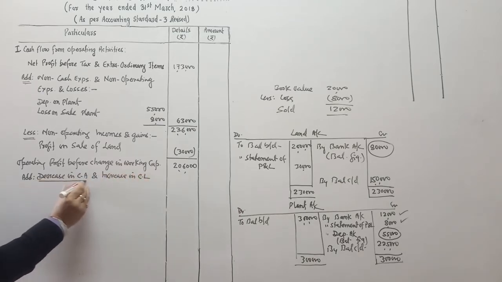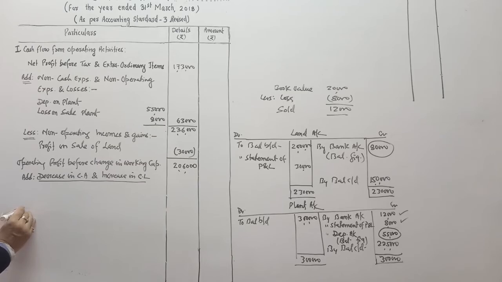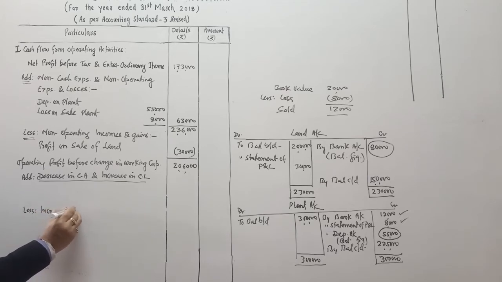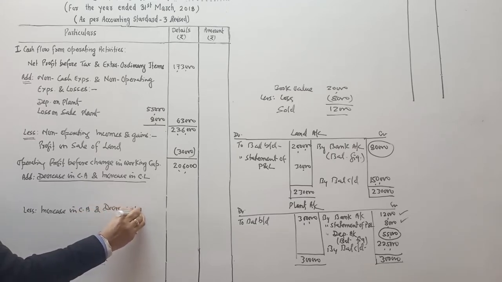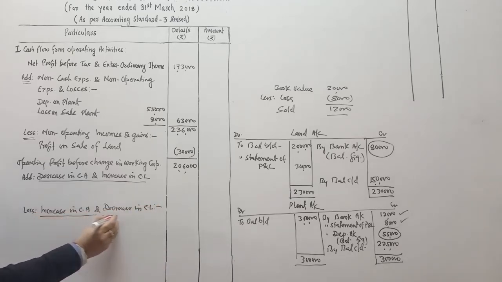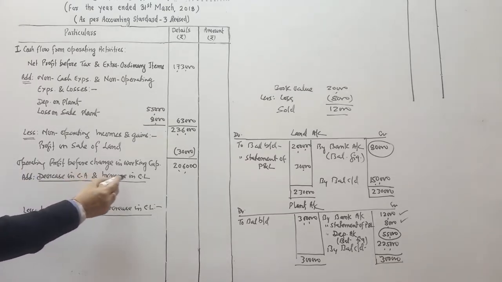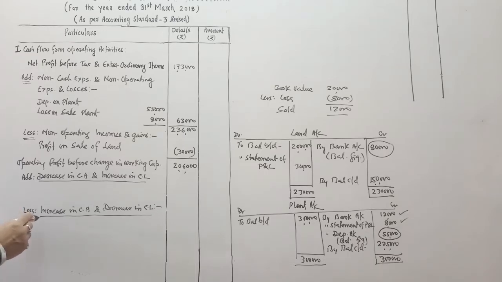This we will add, and vice versa we will deduct: less increase in current assets and decrease in current liability we will deduct. Just opposite. Decrease in current assets and increase in current liability we will add, and just opposite, increase in current assets and decrease in current liability will be deducted by us.